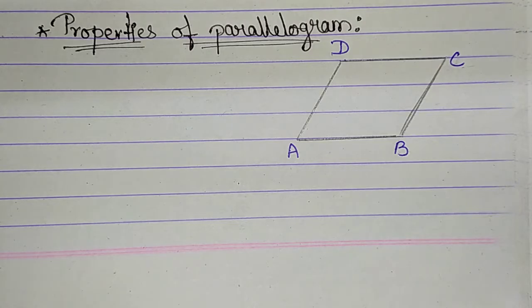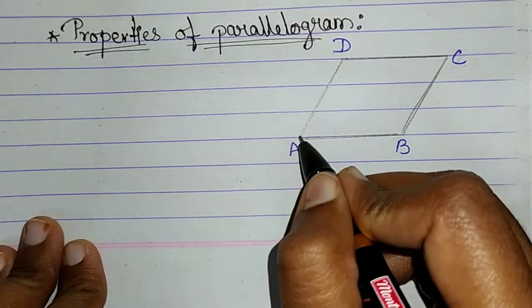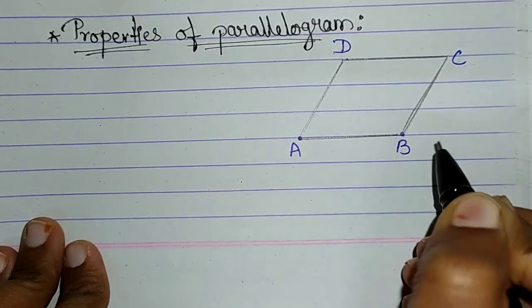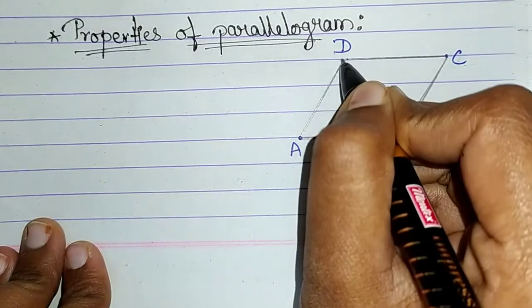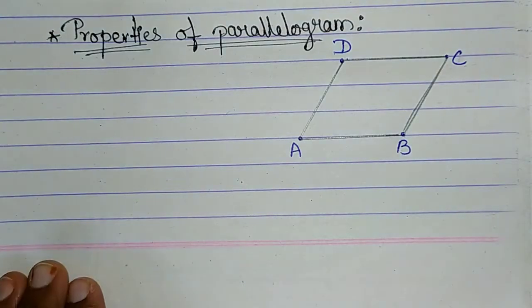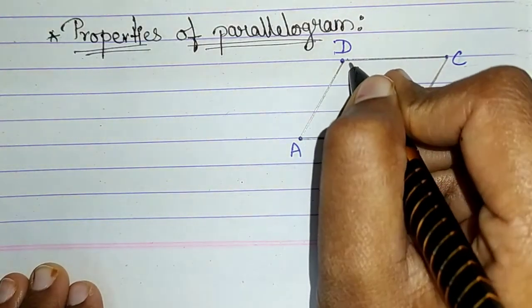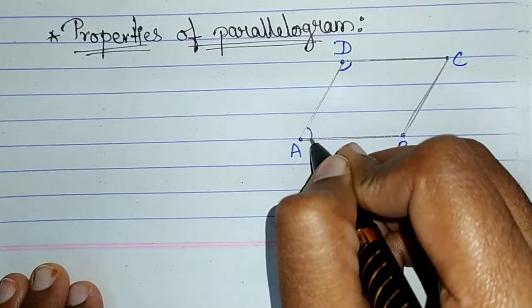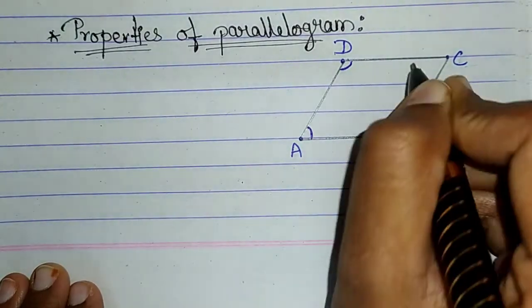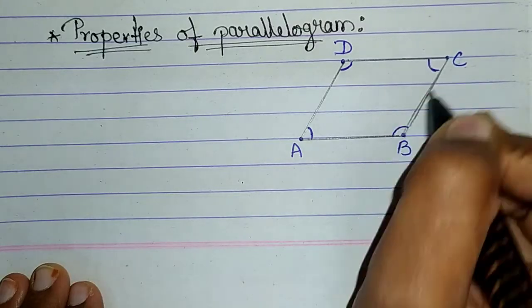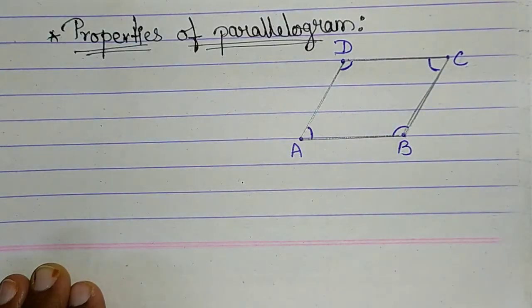First let us understand what are the different parts of this parallelogram. Here point A, point B, point C and point D are called the vertices of the parallelogram, and angle D, angle A, angle B, angle C are the interior angles of the parallelogram.